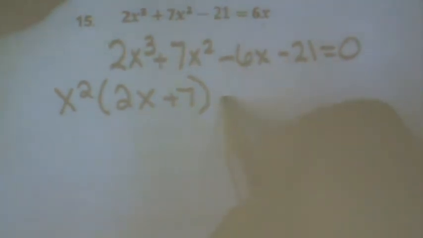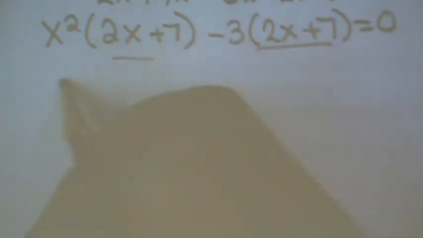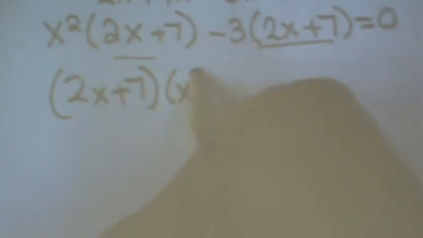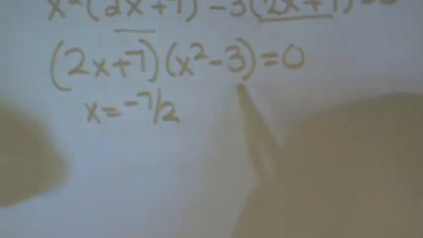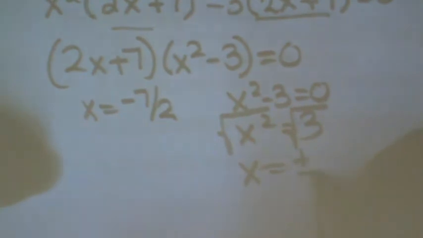And for this one, we're going to take out a negative 3, and we're left with 2x plus 7. Excellent. So these two are the same, so you have 2x plus 7 times x squared minus 3 equals 0. This answer is negative 7 halves. And this answer, if you take x squared minus 3, set it equals 0, add 3, square root both sides, you get plus or minus square root of 3.